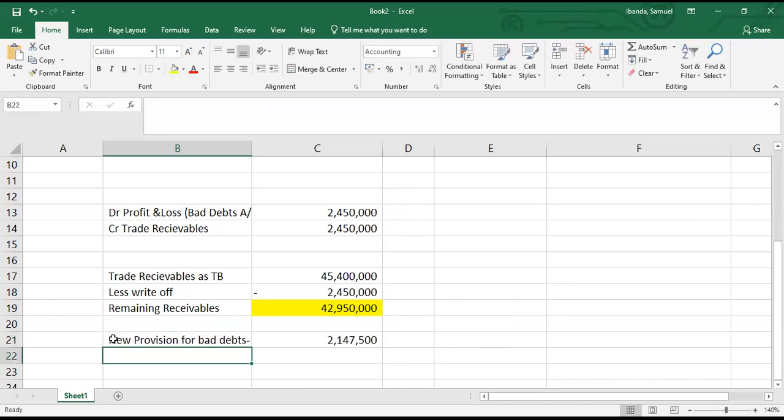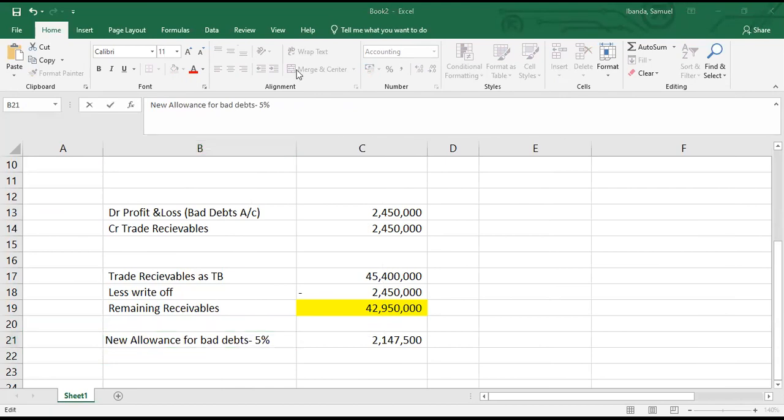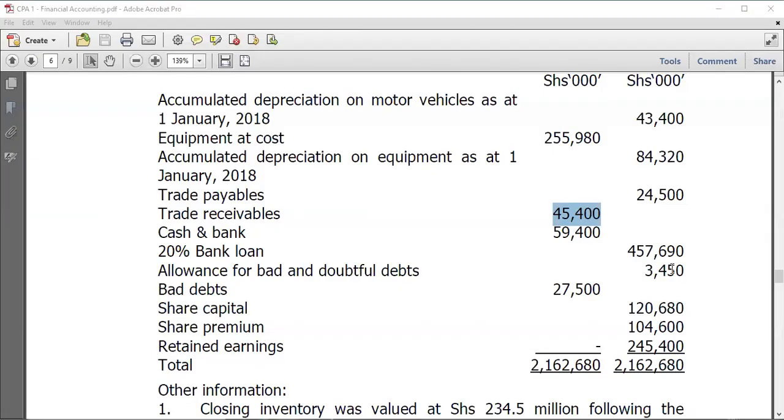I'll call it new provision for bad debts. Or since in this case they are calling it allowance, I will say new allowance for bad debts. It's the same thing. Now, good for us to note that when you look back again, our current allowance for bad and doubtful debts stands at 3,450.